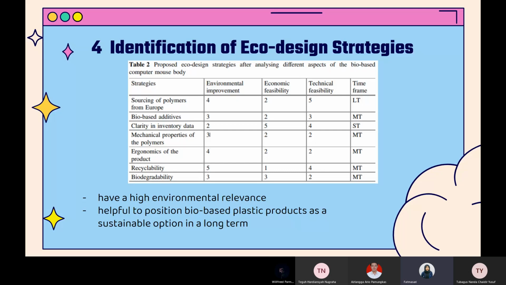So we should make a clear LCA and communicate the LCIA results for material development. Improving the mechanical, ergonomic, recycling, and biodegradable properties of the product not only has a high environmental relevance, but is also helpful to position bio-based plastic products as a sustainable option in the long term.